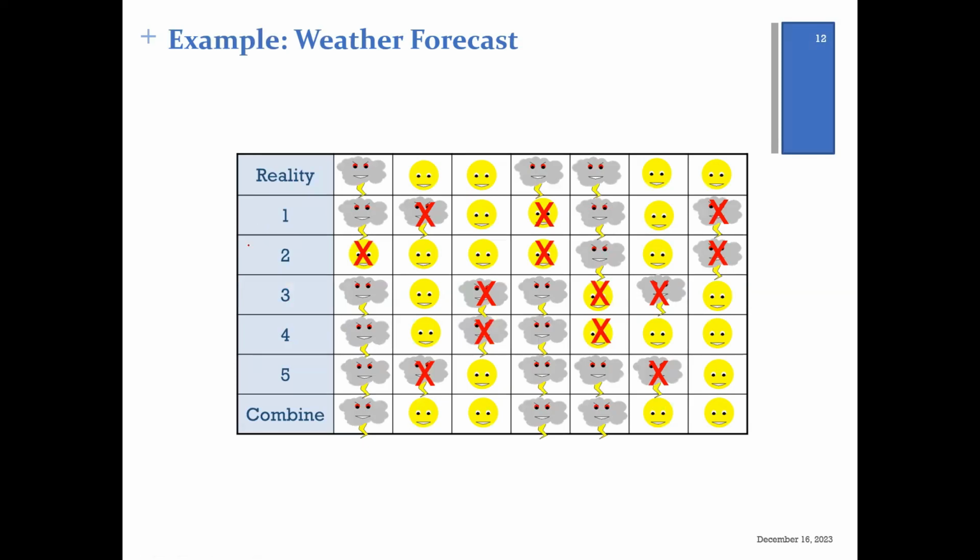When you look at this, this is an example of a weather forecast. This is the actual data, the reality, the correct data. These are the predictions from model 1, model 2, model 3, model 4, model 5. This is the ensemble that combines them together. The idea of ensemble is that we train model 1 to predict whether the weather is going to be cloudy or clear. The original is: cloudy, clear, clear, cloudy, cloudy, clear, clear.